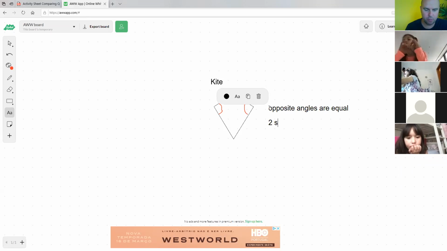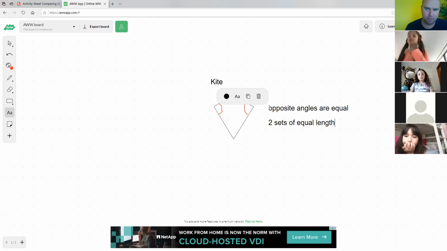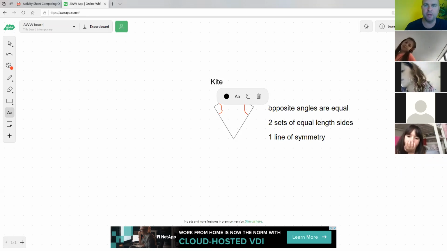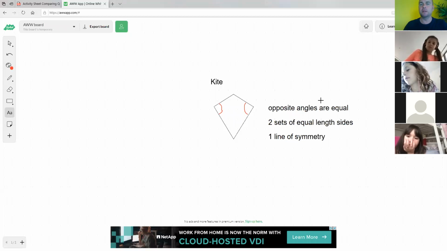And it has 2 sets of equal length sides. It also has 1 line of symmetry. Okay?